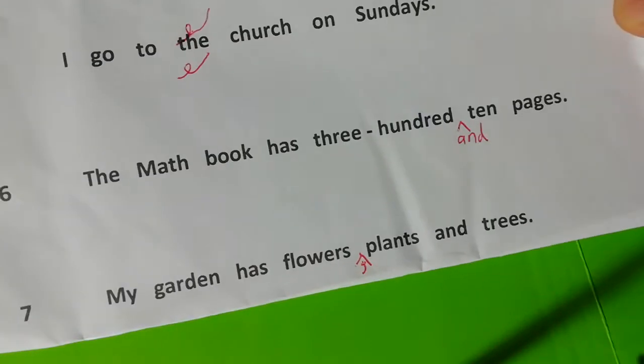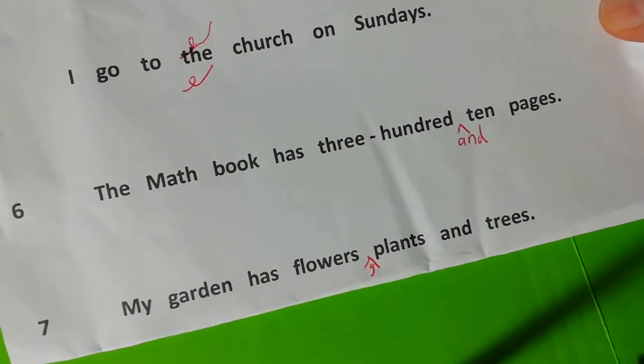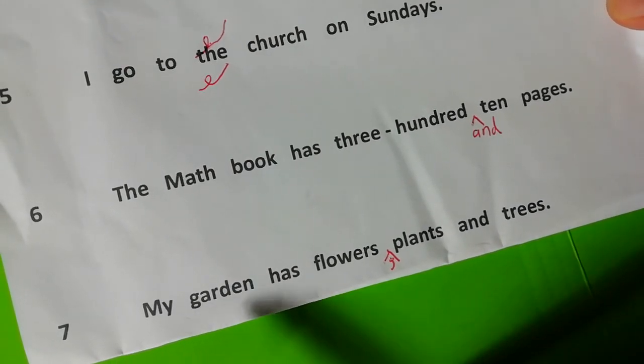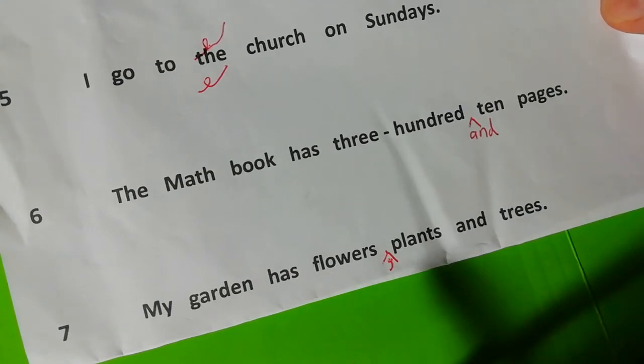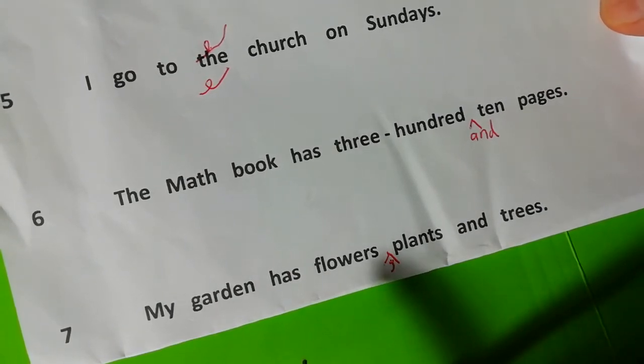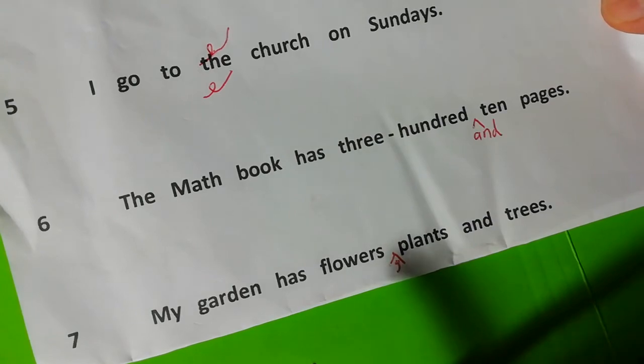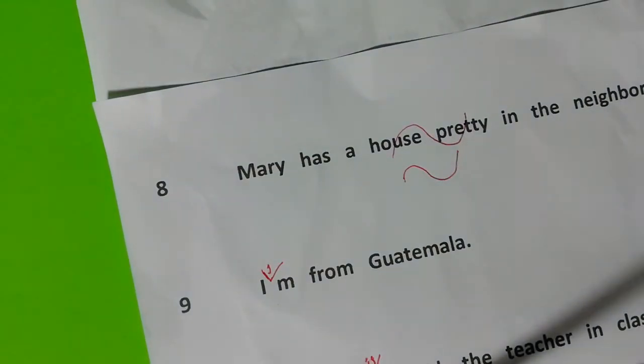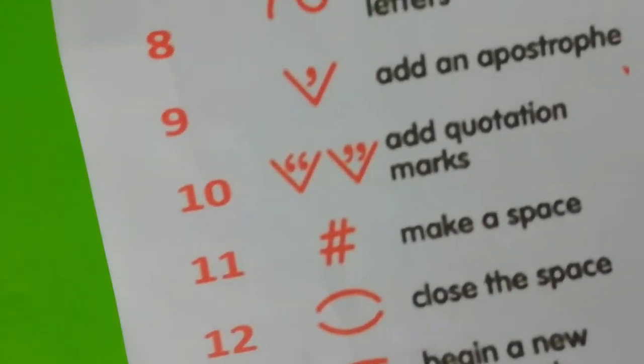Number 7 is about commas. You separate words with commas. My garden has flowers, plants, and trees. Flowers, comma, plants, and trees. So insert a comma. Number 8, according to our control here, says reverse words or letters.